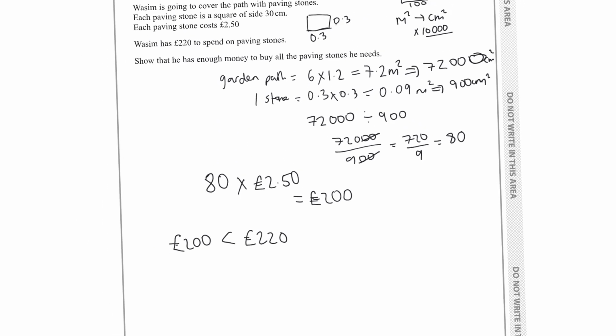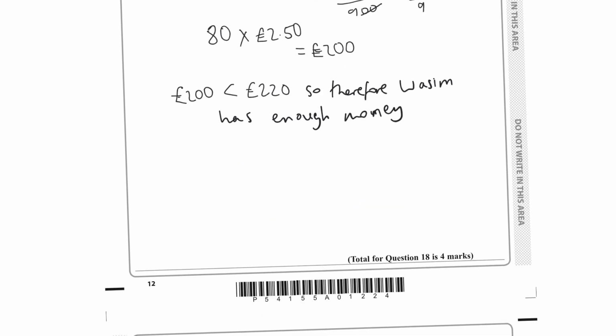Well, that's how much he has, sorry. So therefore, Wasim has enough money. With all these questions, they love a little statement at the end just to summarize your findings. So please get used to doing that.